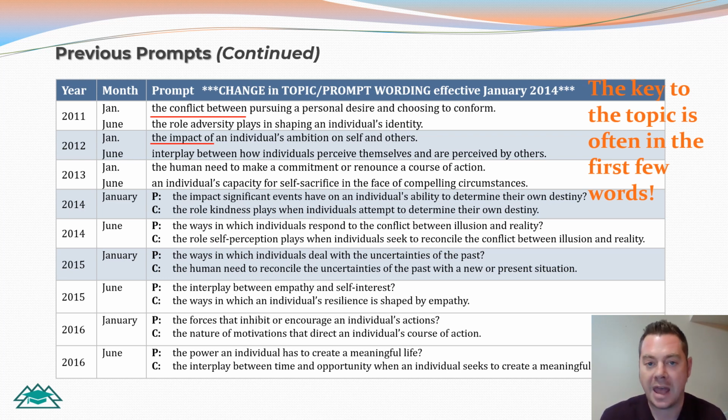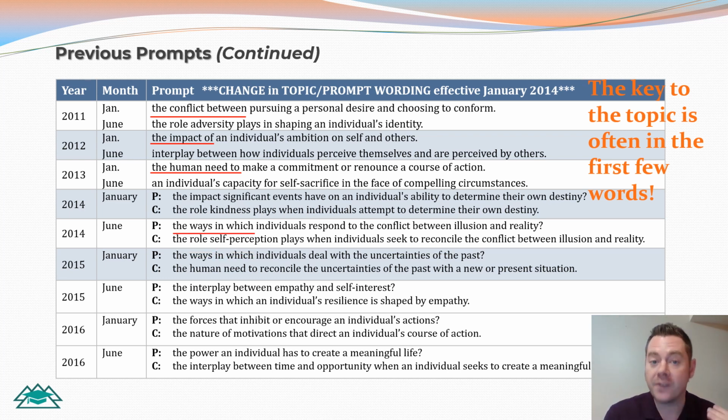It's not just whether or not I have ambition, but what is the impact of that ambition on me and on other people. The human need to make a commitment or renounce a course of action. All right, so this is not just whether or not I make a commitment or whether I turn away from something, but what's the motivating factor? What drives me to do that?